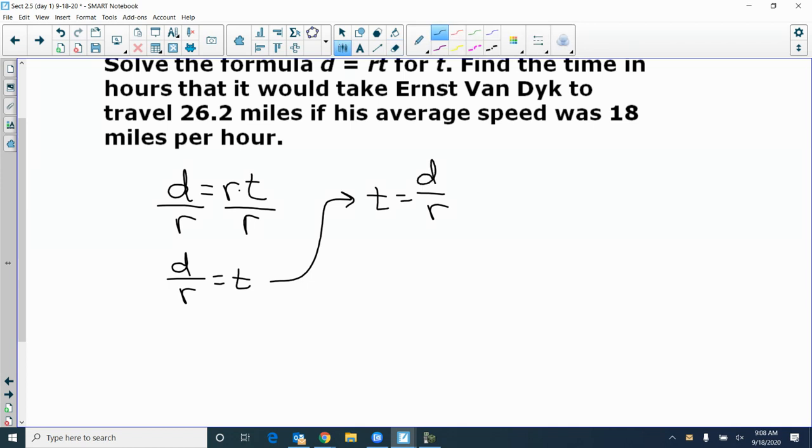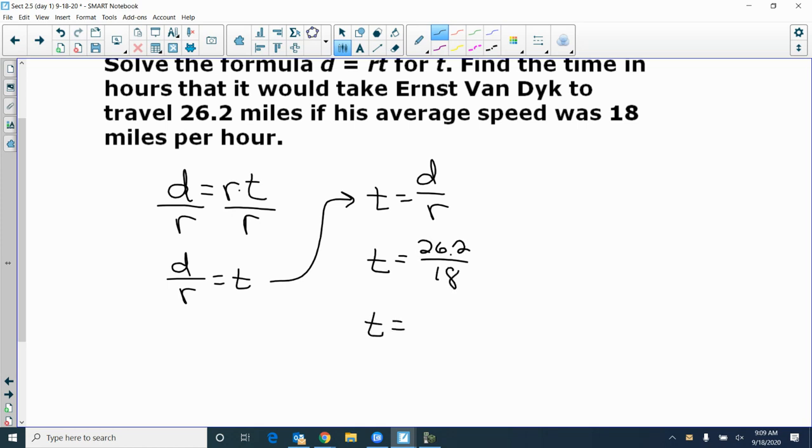Now they give you a condition. They say, all right, find the time in hours it would take Ernst Van Dyke to travel 26.2 miles if his average speed was 18 miles per hour. Well, the 26.2 is the distance, so that goes in for D. The speed is your rate, that's 18. So do 26.2 divided by 18 on your calculator.